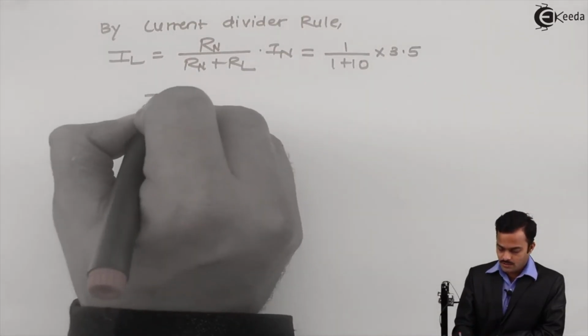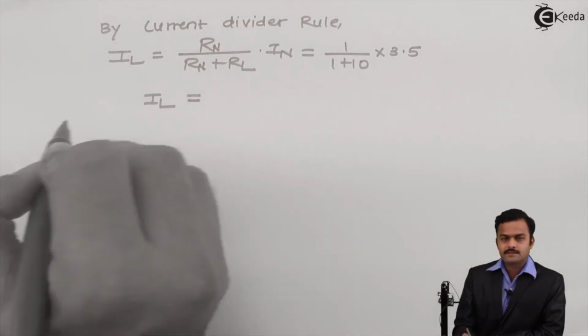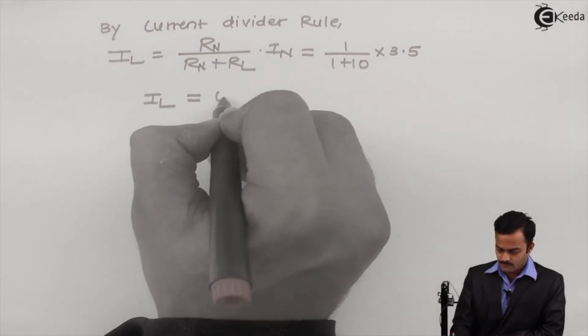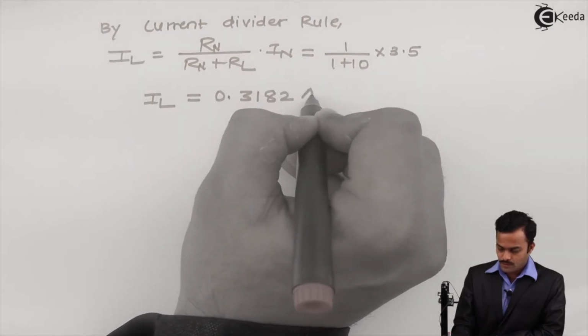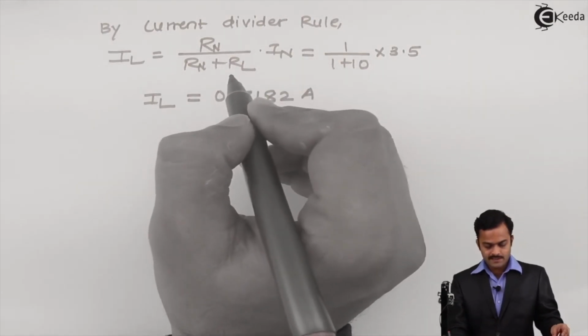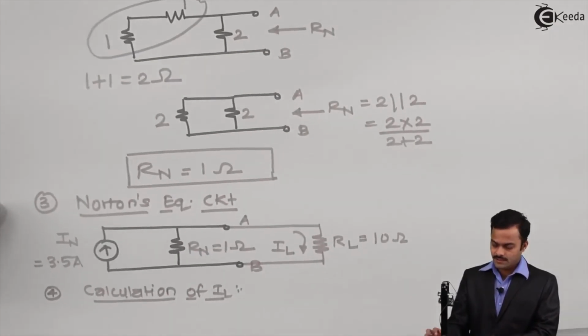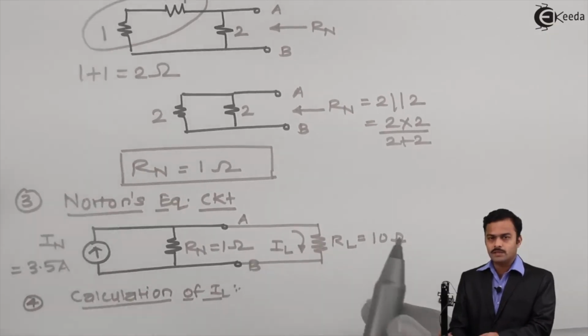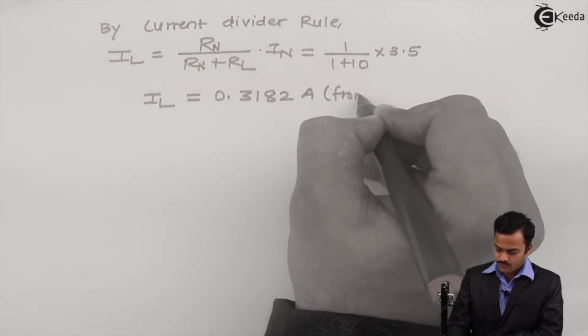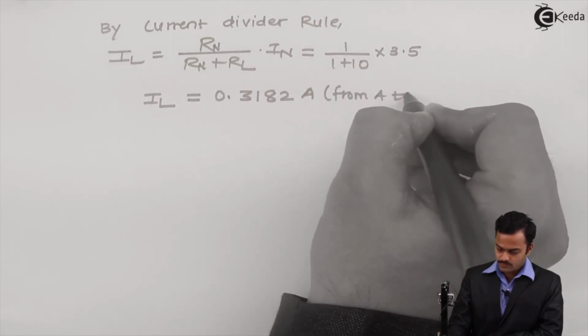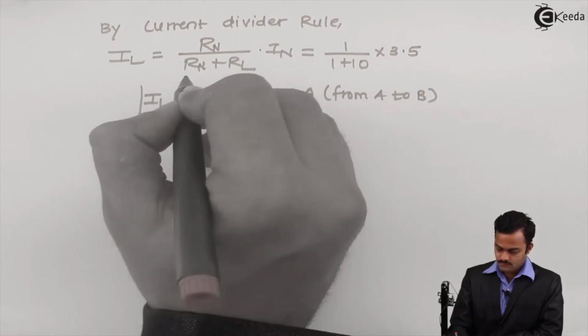If I solve, I will get IL as 0.3182 ampere. The direction I get over here is downward, which is A to B. So I can write here direction from A to B.